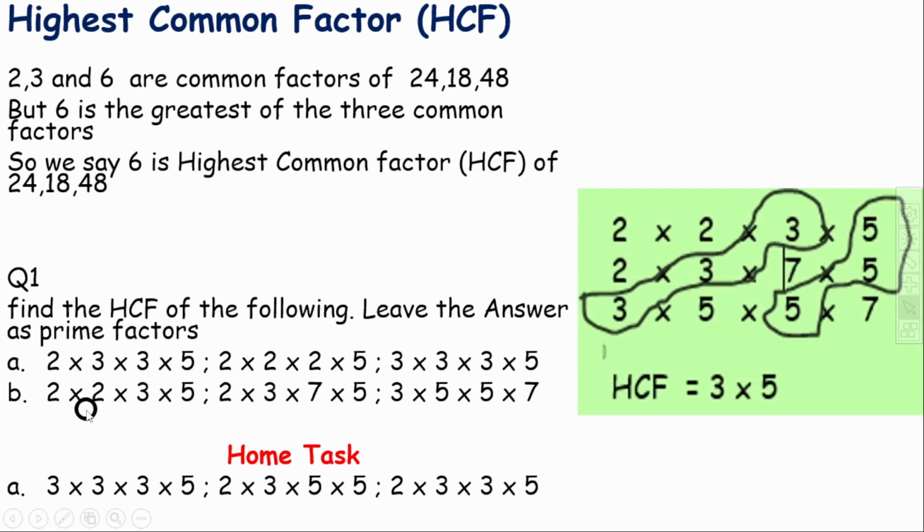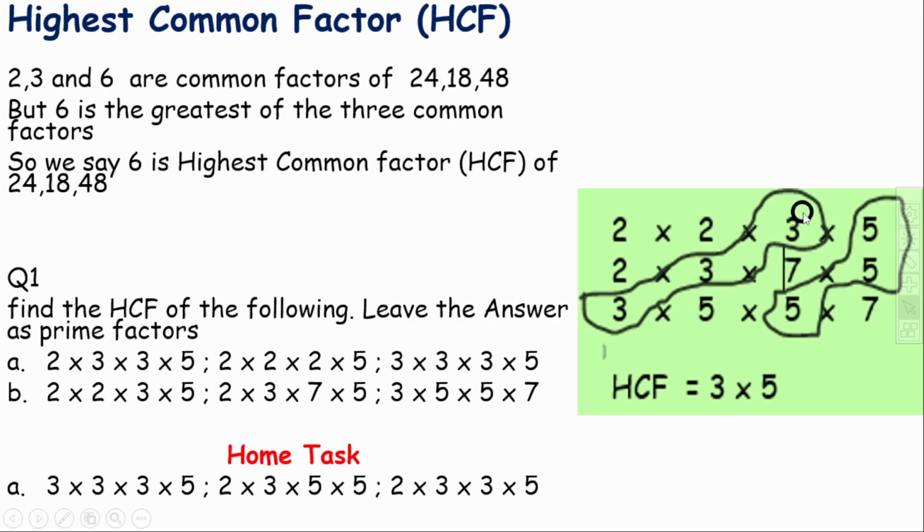Now for the second question, we can arrange these numbers the same way. Then we try to find out what numbers are common to the three numbers. So we have 3 here, 3 here, and 3 here, so that is common. Then we have 5 here, 5 here, and 5 here, which is common again. We have another 5 here, but we don't have another 5 in the others, because the ones used already, you can't use them 2 times.